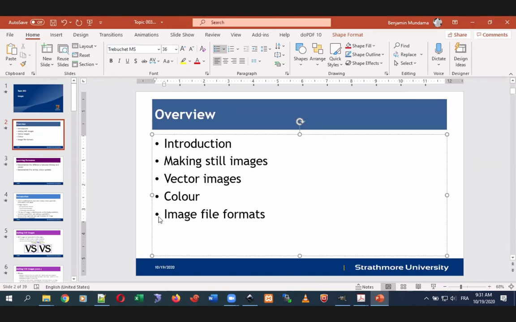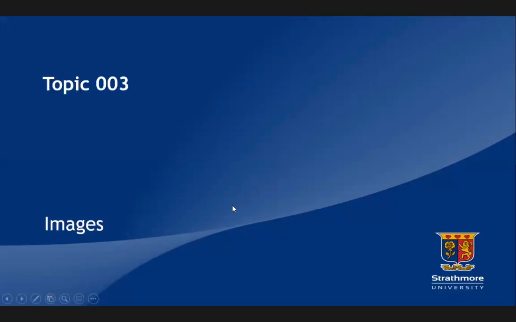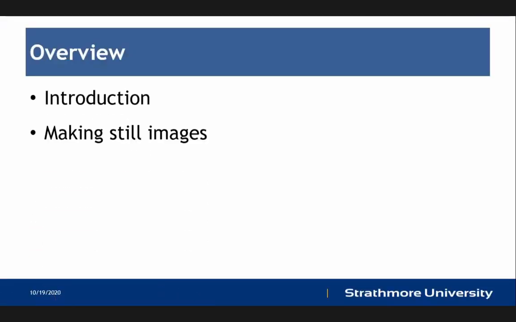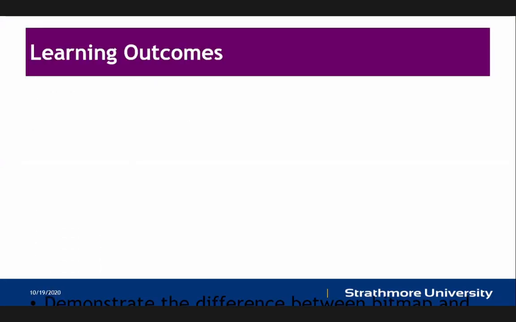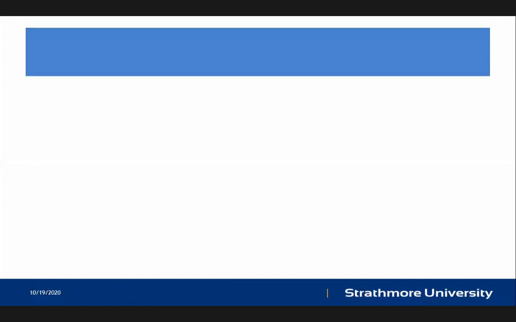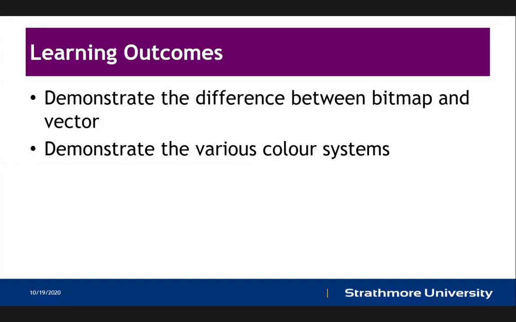Before the colors, we look at the color format: the image format, then the color. At the end, we want to show the difference between a bitmap, which is a still image, and a vector, and then a color system.